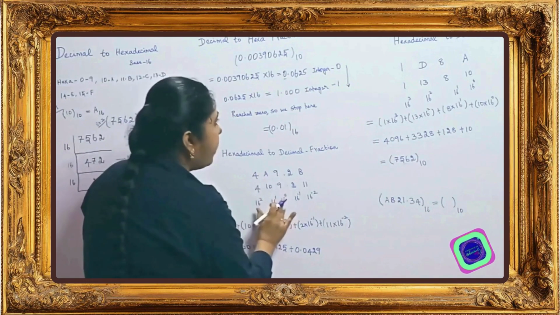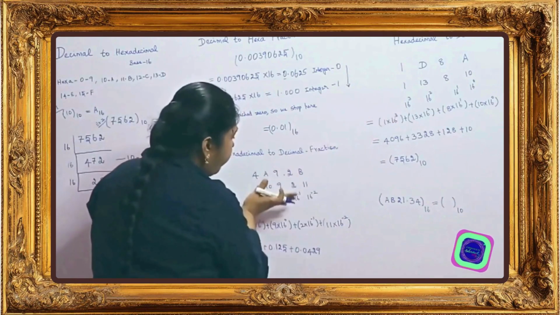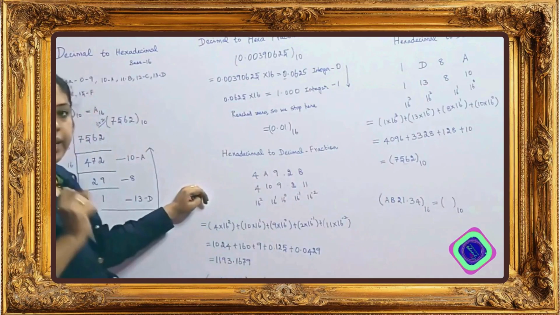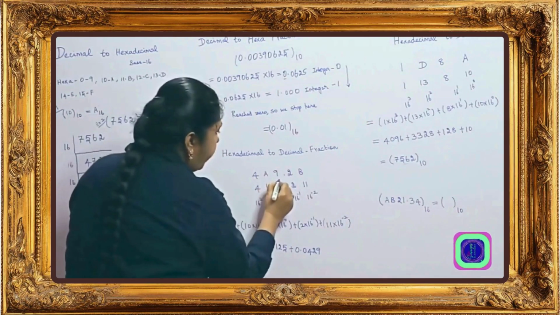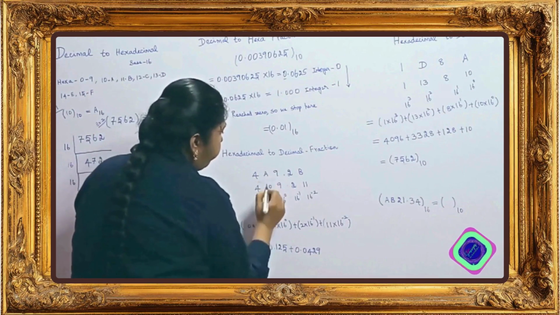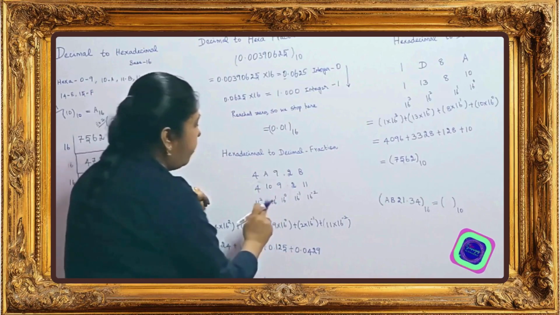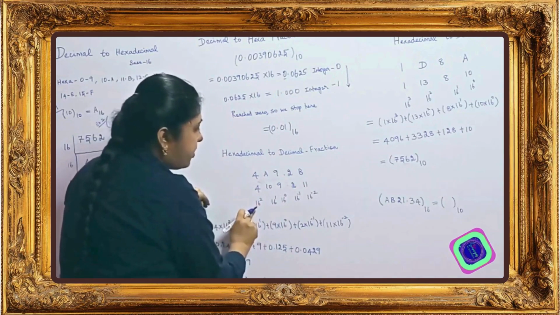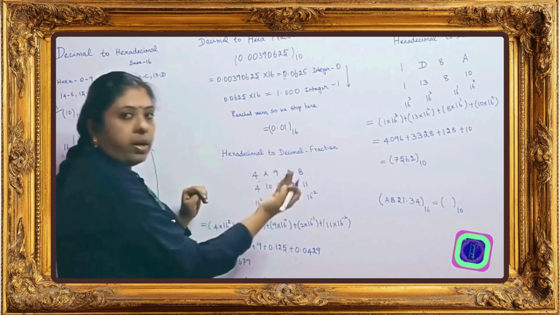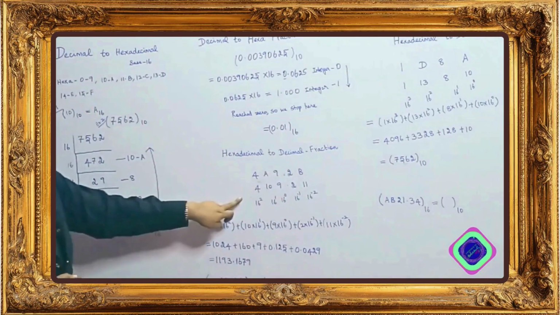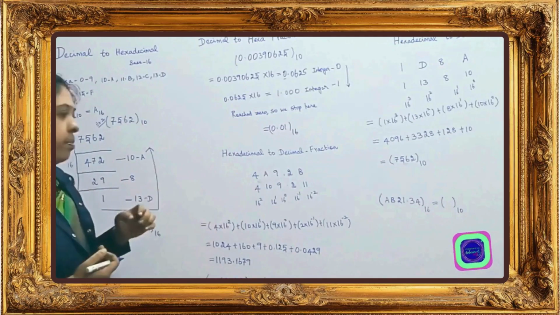So after writing these numbers, we are going to add the weightages. For the integer part, as we already discussed, before the decimal point it is considered the integer part. The weightages are added from the right to the left, starting from 9. For 9, it is assigned 16 power 0. For 10, 16 power 1, and for 4, 16 power 2. The powers keep on increasing from the right to the left. Then what about the fractional part?